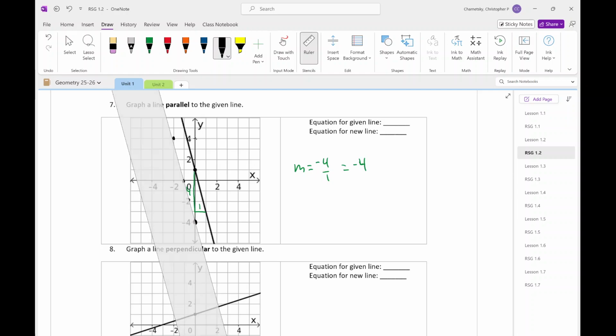Okay, line up my straight edge and connect those dots. Oops, not too good. A little better. There we go.